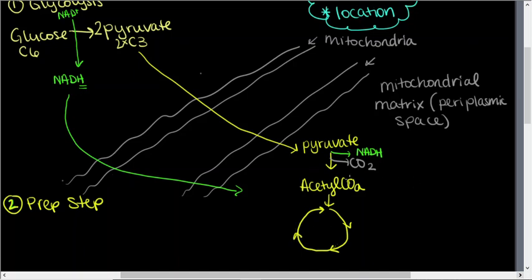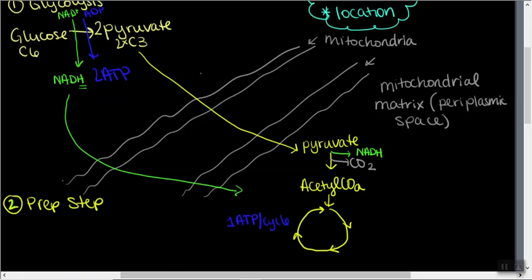This makes a bunch of really important intermediates for the cell, but some other things that it makes include, oh, I didn't mention ATP before, but of course we made ATP. We end up with 2 ATP from glycolysis, no ATP in the prep step, and here we're going to make 1 ATP per cycle.